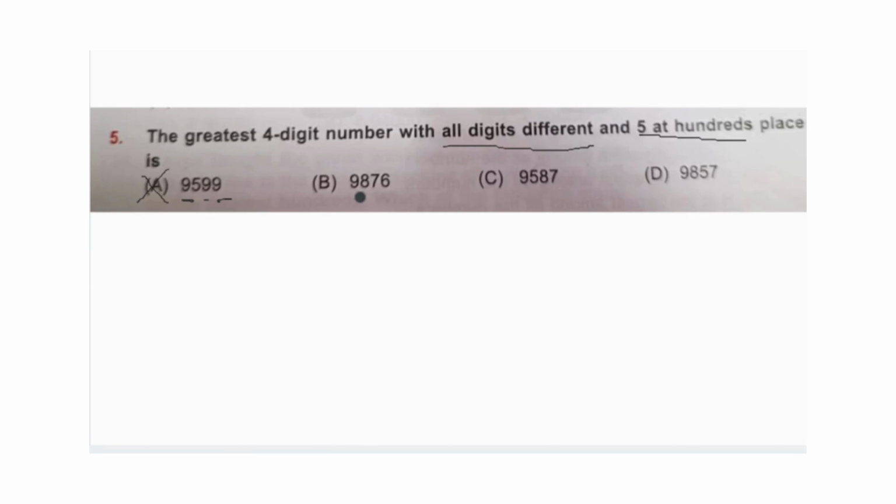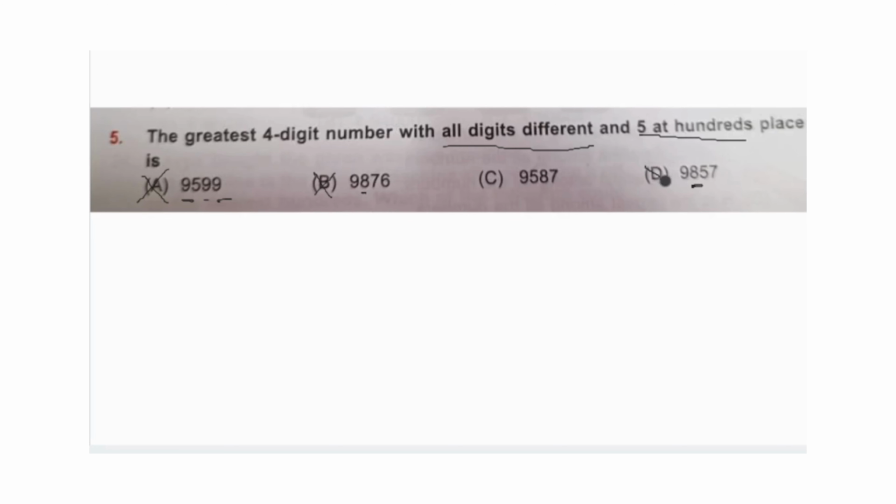So we can rule out option A from our list of answers. If you see option B, all the numbers are unique, but 5 is not at the hundreds place. The hundreds place is 8, but according to the question, the hundreds place has to be 5. So we can rule out option B. If you see option D, here again all numbers are different, but 5 is not in the hundreds place.